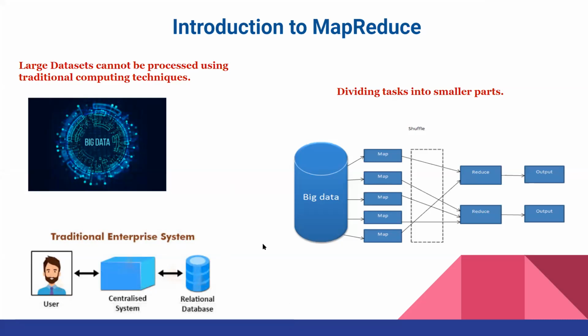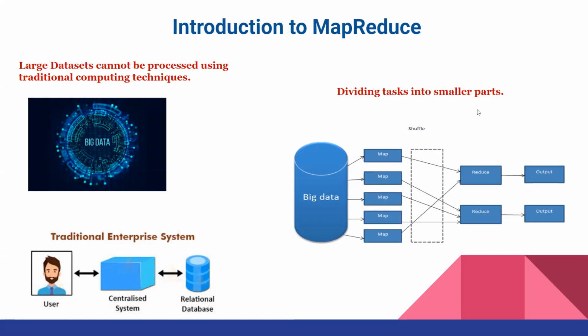So in a traditional enterprise system, what we normally have is a centralized server that is used to store and process the data. You can see the illustration that is presented here. It depicts a schematic view of the traditional enterprise system. The traditional model is certainly not suitable to process huge volumes of scalable data, which cannot be accommodated by standard database servers.